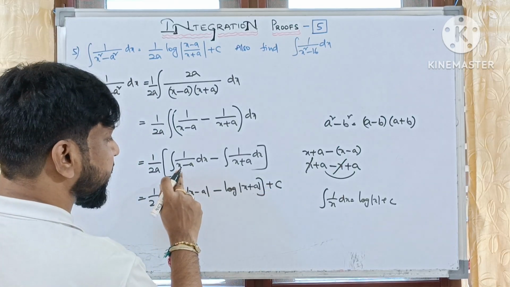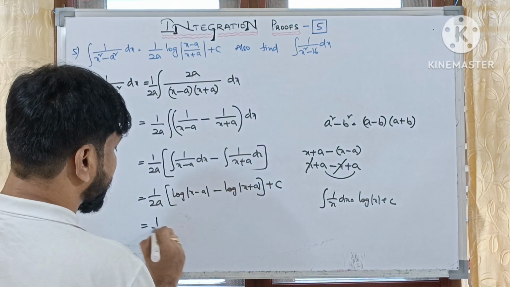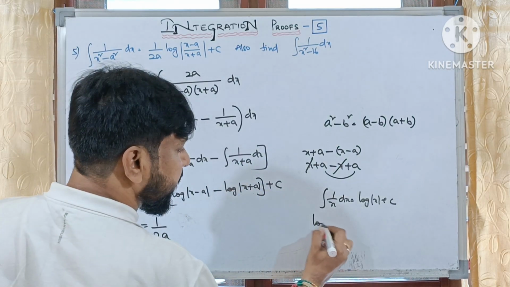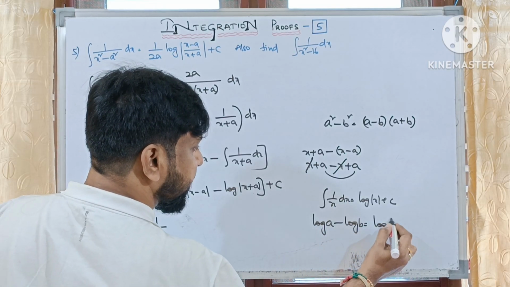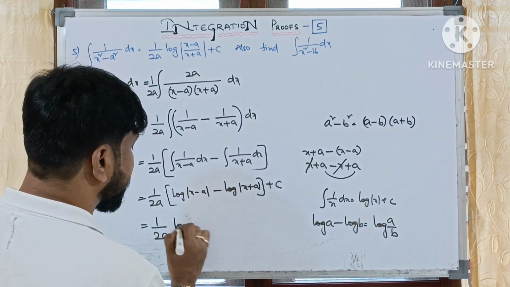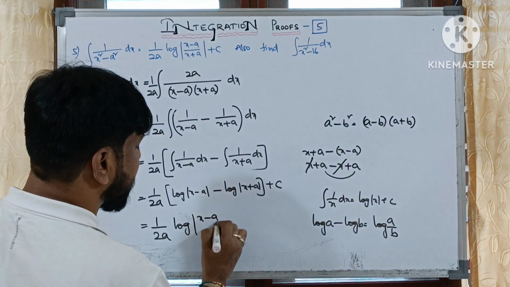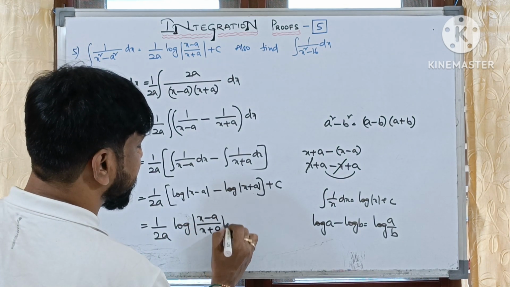There is no function of function here, the derivative of x is 1 only. So 1 by 2a into log a minus log b can be written as log a by b, and hence this can be written as log mod x minus a by x plus a plus c.